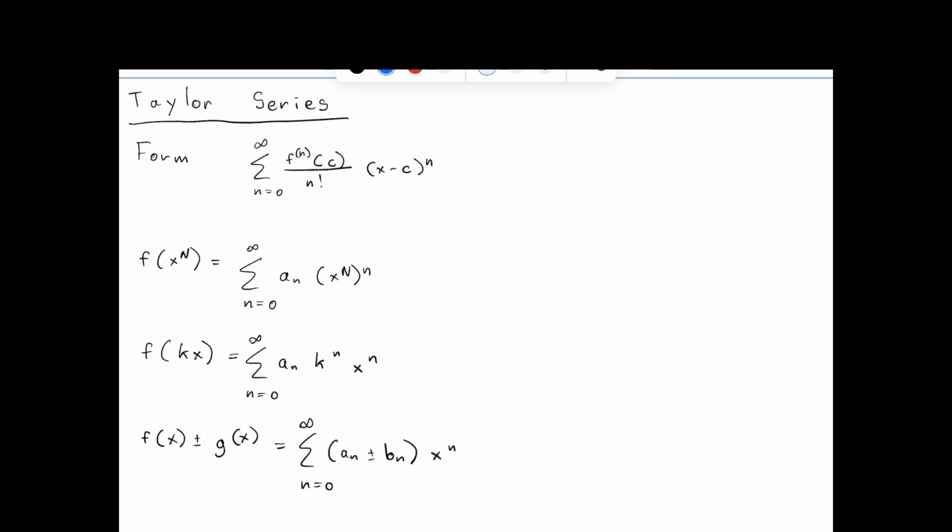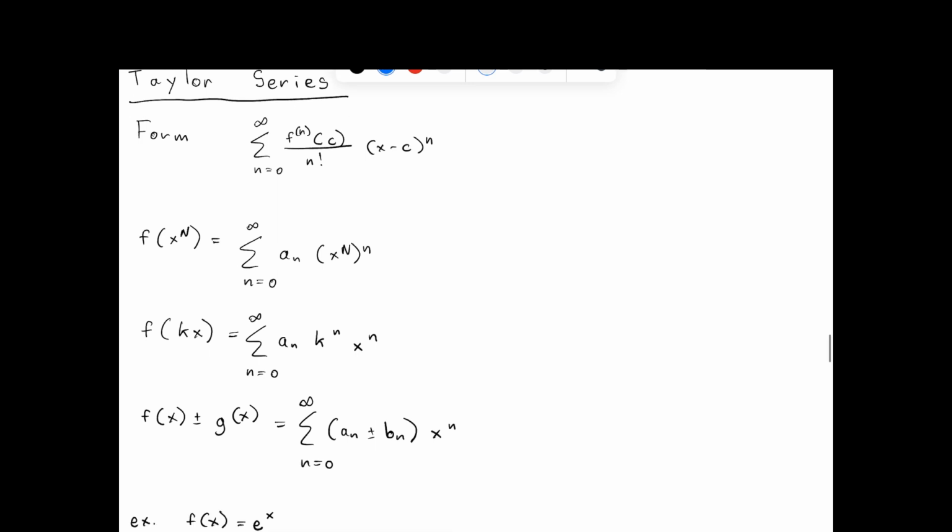So a Taylor series is of the form the sum from n equals 0 to infinity of the nth derivative evaluated at c, where c is the point of interest, over n factorial times x minus c quantity to the n. And there are some very useful properties. I'm including them with the Taylor series, but these are actually properties of power series, and Taylor series are power series, so they're kind of interchangeable ideas there.